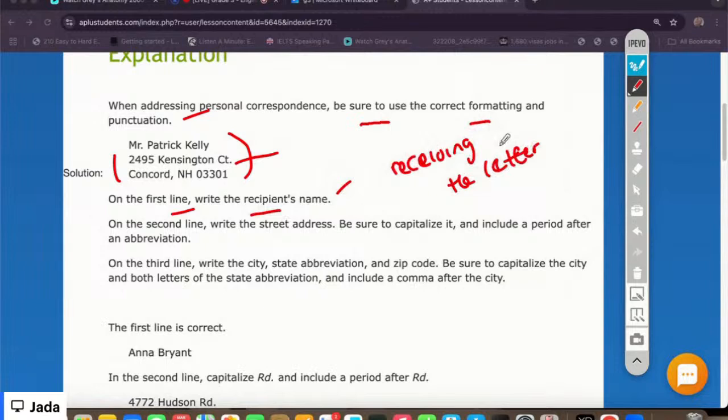The recipient will be the person receiving the letter. So let's say that you all are sending me a letter. It will be my name here on the first line. That's the right and proper way to address a letter or anything that you'll be sending to someone.